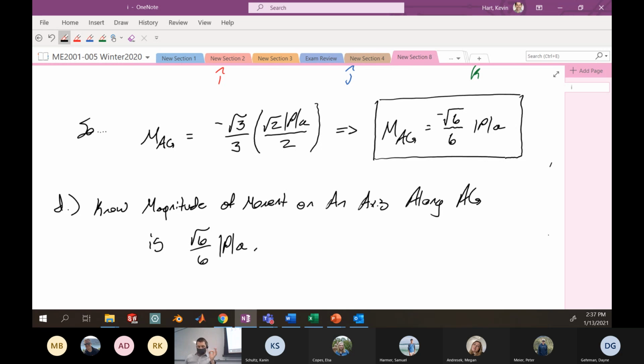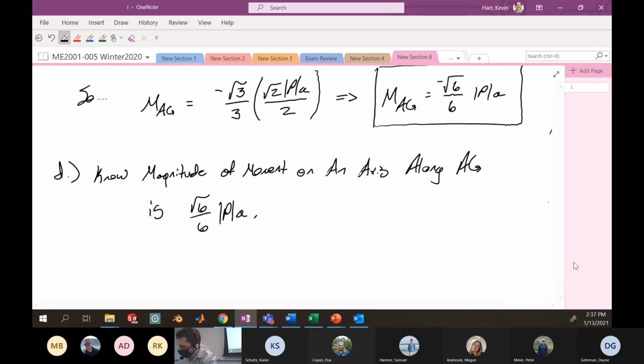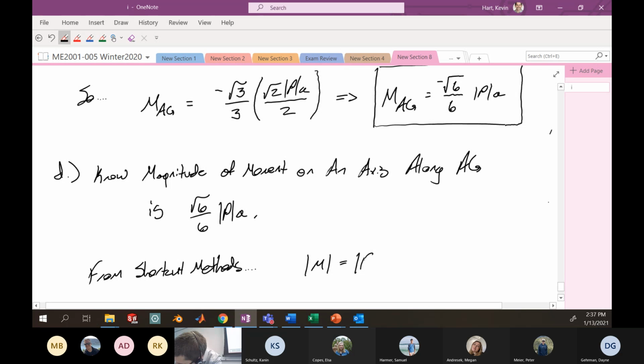We also know that the perpendicular distance between the line of action of a force and where a moment acts is the distance d. So remember our shortcut methods. That the magnitude of the moment is equal to the magnitude of the force times d.